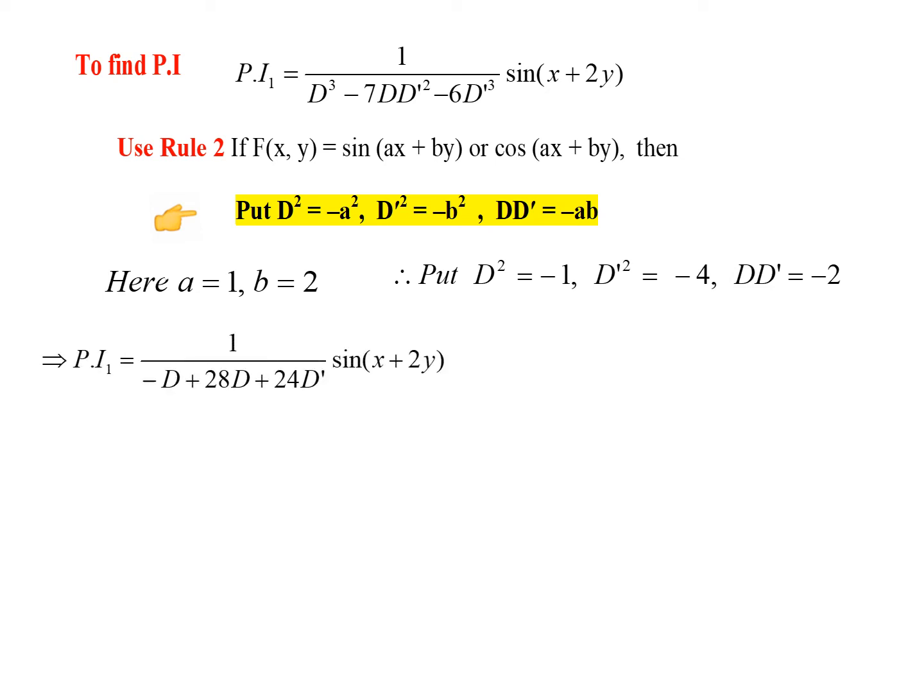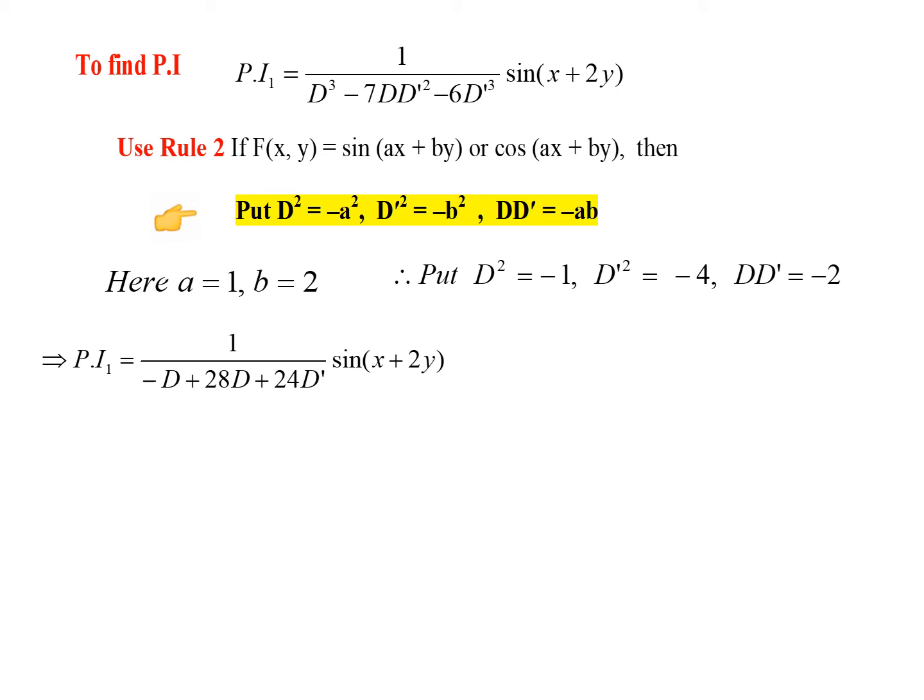Now let us substitute all that in the given equation. Remember, in the place of D cube you have to substitute D into D square. So D into minus 1 becomes minus D. Minus 7D into D dash square: in the place of D dash square, when we put minus 4, it becomes 28D. Last term, minus 6 D dash cube.